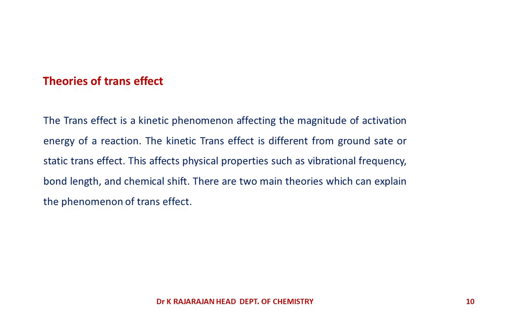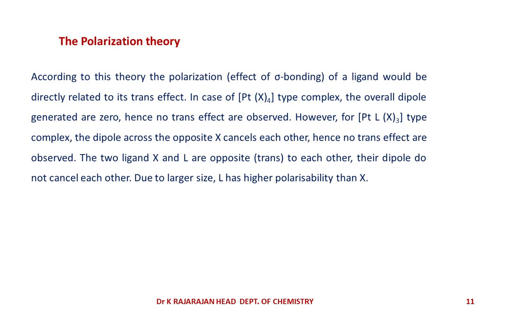There are two main theories which can explain the phenomenon of the trans effect. So, as I stated earlier, let us discuss the polarization theory now. According to polarization theory, the effect of sigma bonding of a ligand would be directly related to its trans effect.